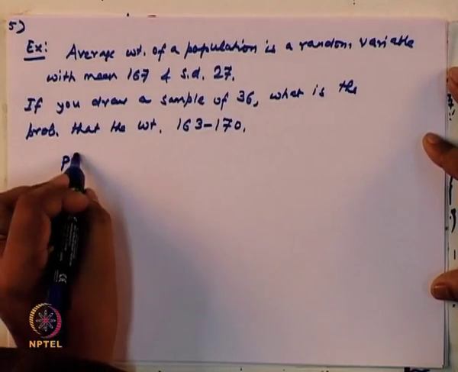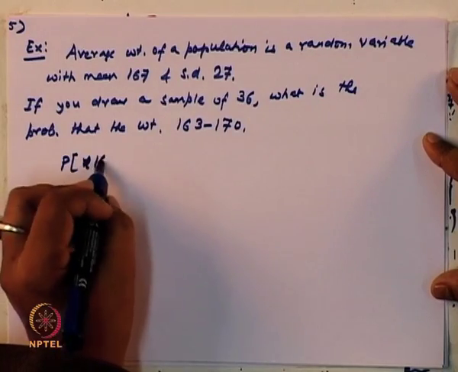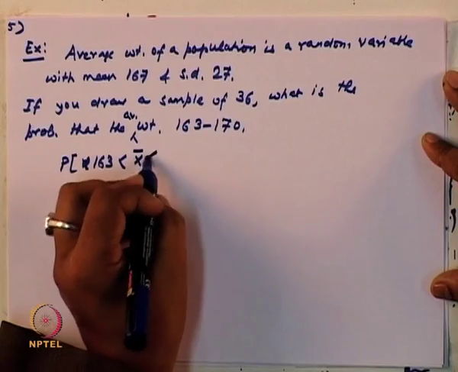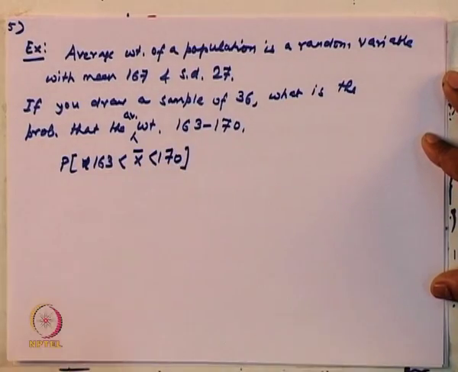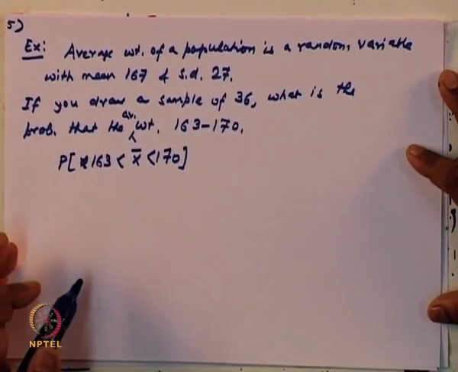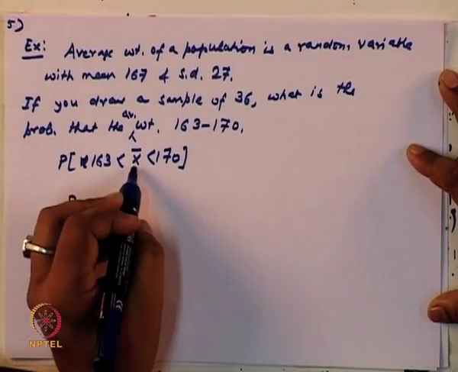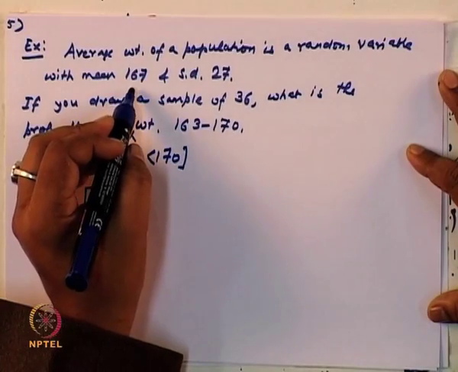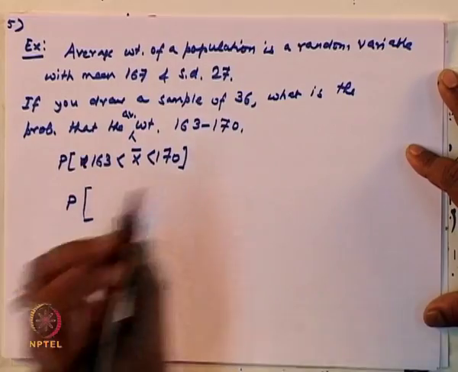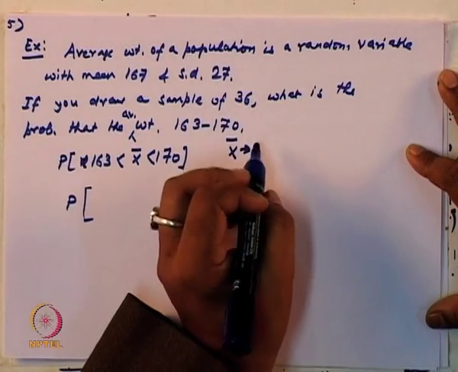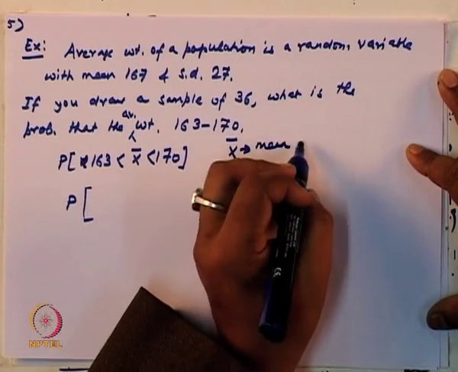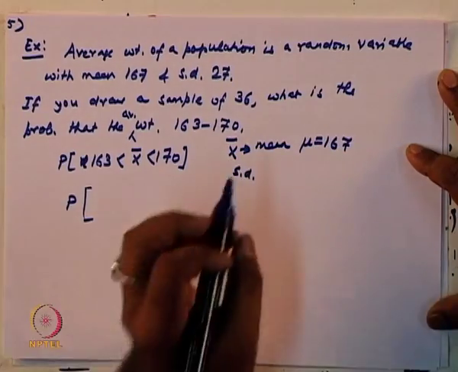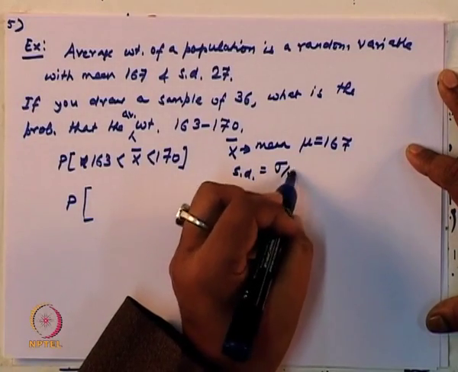So, we want to calculate 163 less than x bar less than 170. I use the central limit theorem again. From x bar we convert it into z, and we know x bar is a random variable with mean mu equal to 167 and standard deviation sigma by root n.